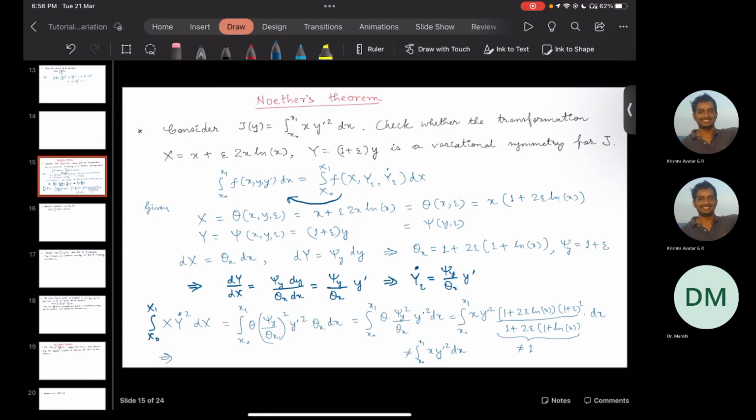So it simply means that the given transformation is not a variational symmetry.